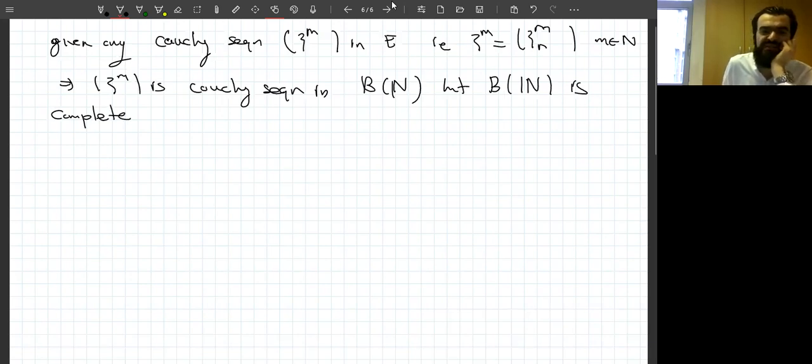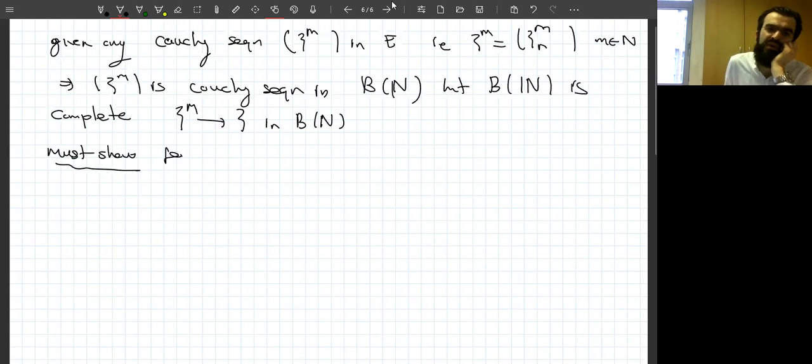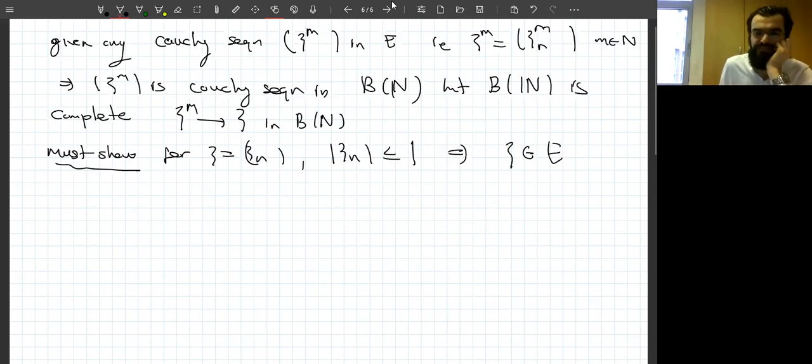That means psi_m converges to psi in the space. One must show that for psi equals (psi_n), the absolute value of psi_n is less than or equal to 1, which clearly implies psi is in E.